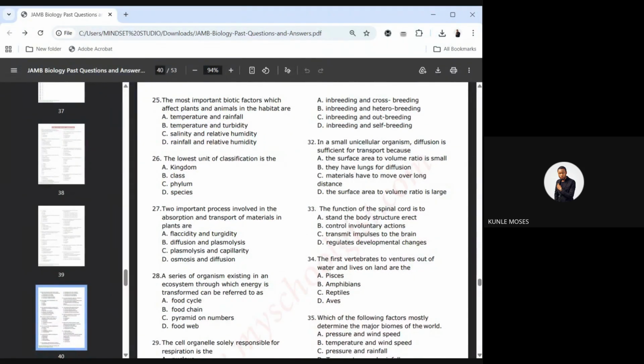The most important biotic factor. The lowest unit of classification is the what? Species. The lowest. Species. Class. Species.